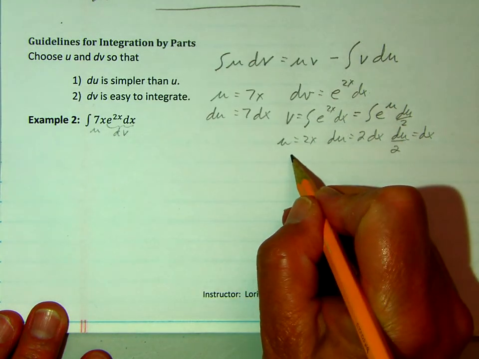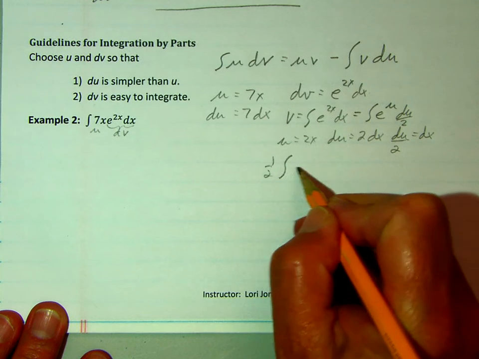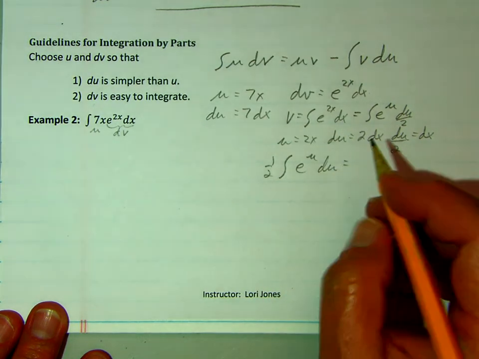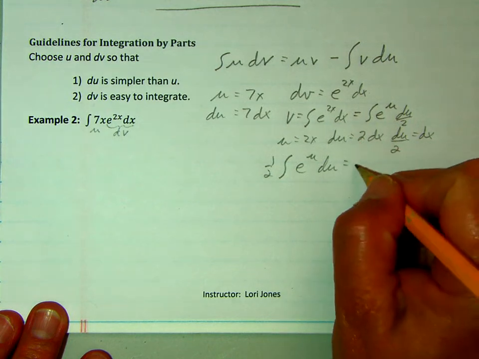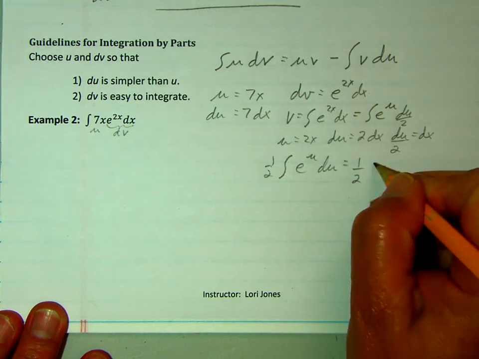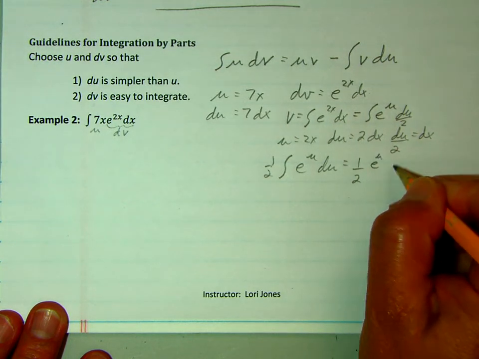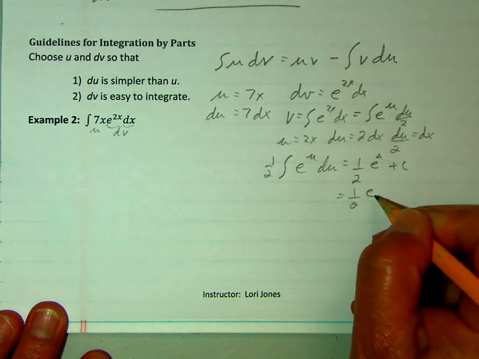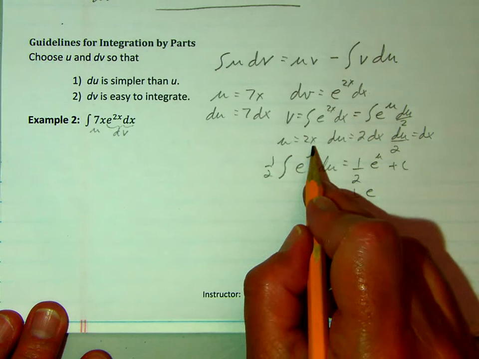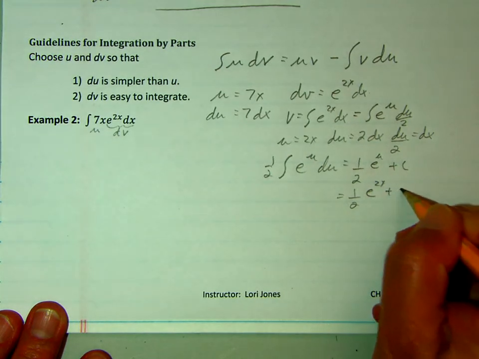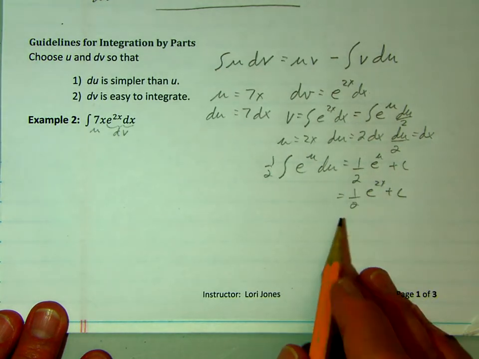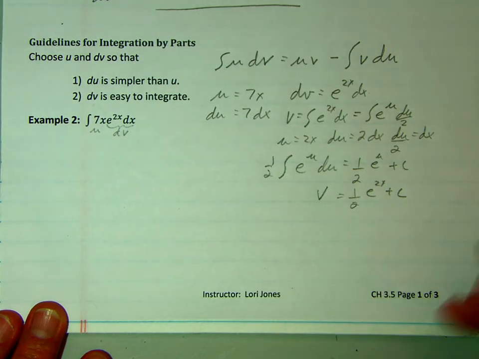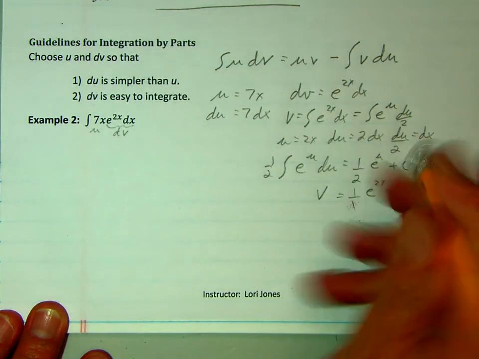So that would be 1/2 e to the u du, which would give me 1/2 e to the u plus c, which would give me 1/2 e to the 2x plus c. So remember what we were solving here is we were finding v.